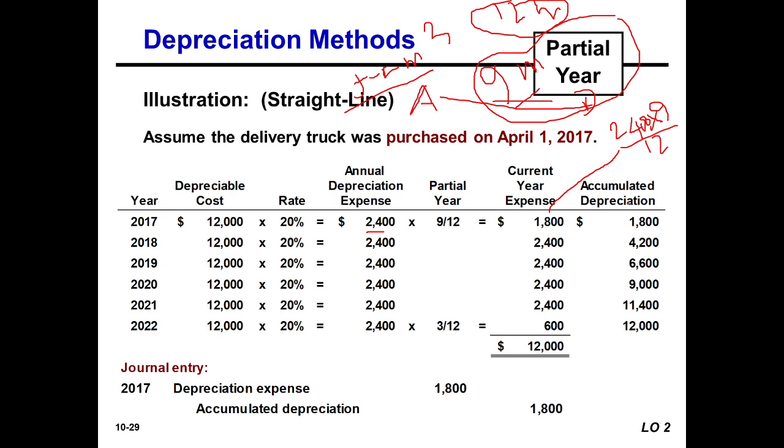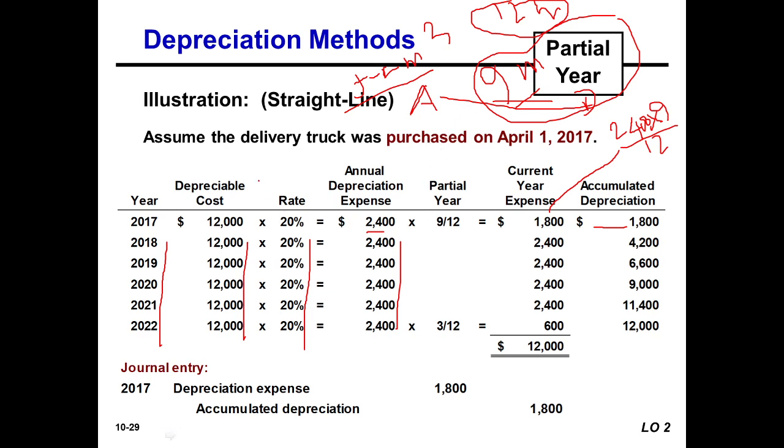And this is accumulated depreciation, and every year, so that means 2018 to 2020, these 5 years the same figures, okay, same figure. And here this is 2022, okay. This is for 3 months.